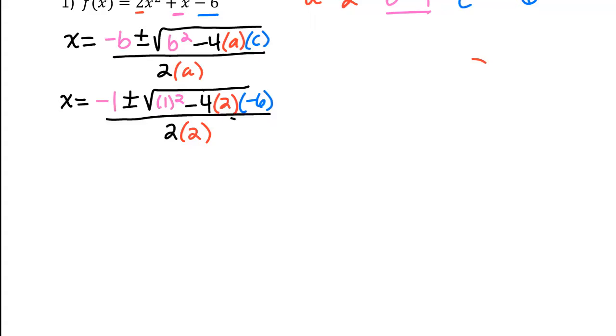So negative 6, close the parenthesis, and press equals. Okay, and I want everybody to practice using the calculator. So go plug this whole thing into the calculator and see what you get for your answer.